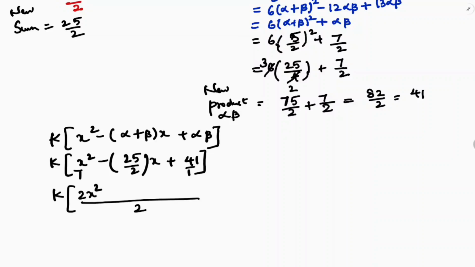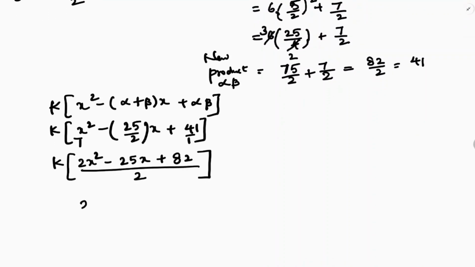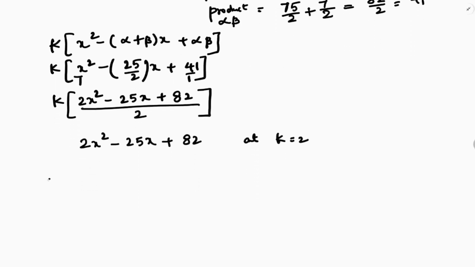So it will be 2x square minus 25x plus 82. So the polynomial is 2x square minus 25x plus 82 at k equals 2. Therefore the polynomial is 2x square minus 25x plus 82.